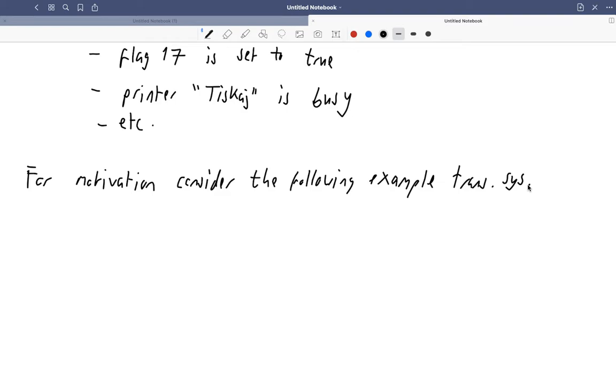So the example is going to be a model of an important property that protocols often need to implement, which is called mutual exclusion.